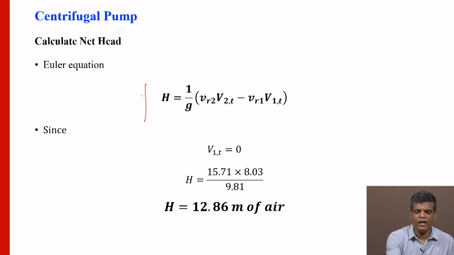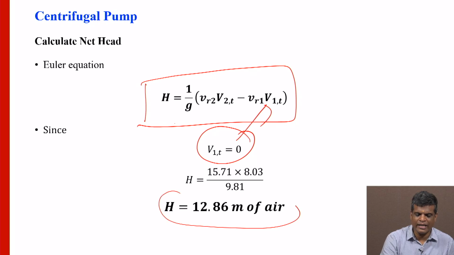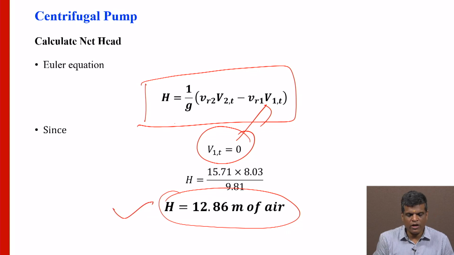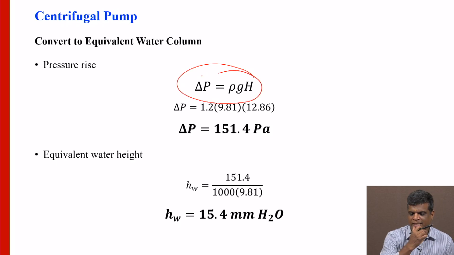So the head equation we already know, we discussed the equation, h equals 1 by g of this one. Since V1t is 0, we get the head in terms of air. Now we have to convert in terms of liquid. We got it only in terms of air, so we have to convert it in terms of liquid. For liquid we know delta P equals rho g h, the pressure rise in the water column.